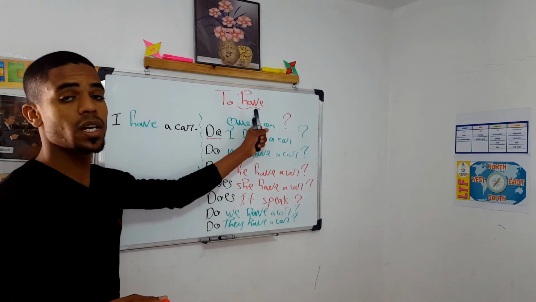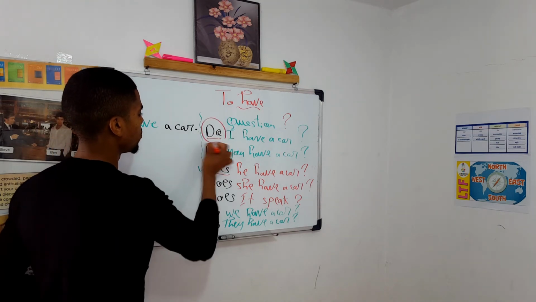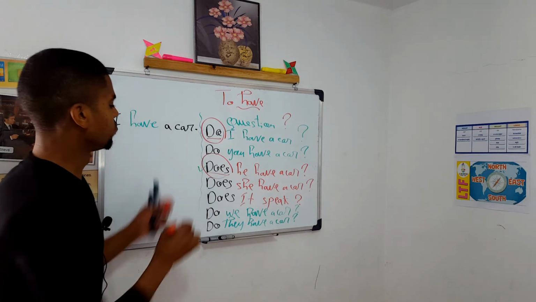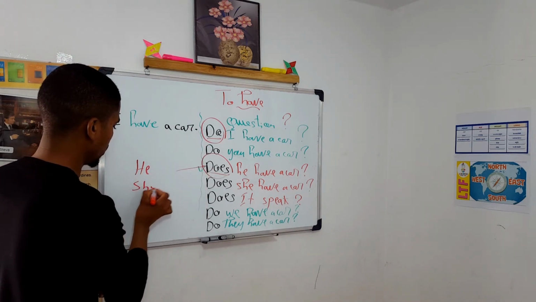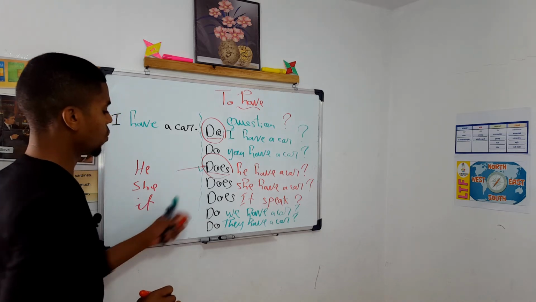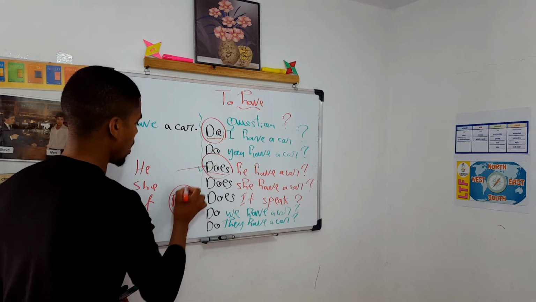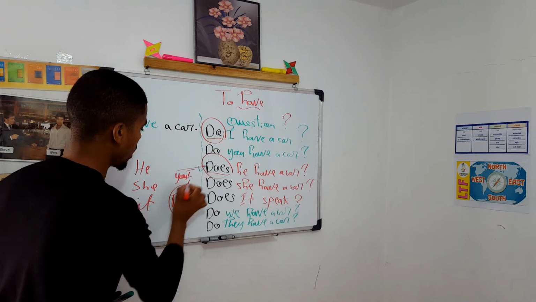If you want to form a question, it's necessary that you start with do or does. Again, does with he, she, it, and do with the rest: I, you, we and they.